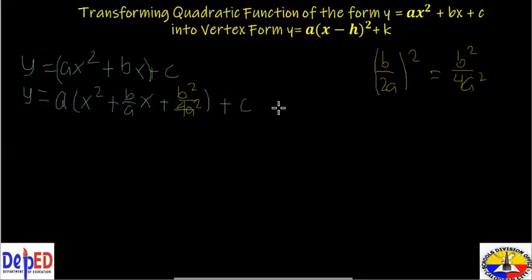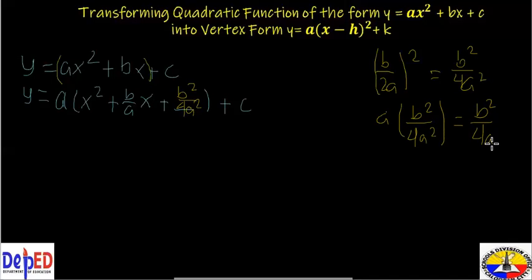But be careful on this part because when we multiply a by b squared over 4a squared, we get b squared all over 4a.